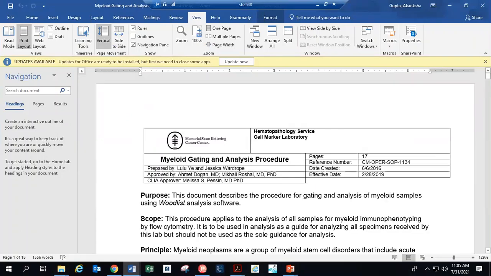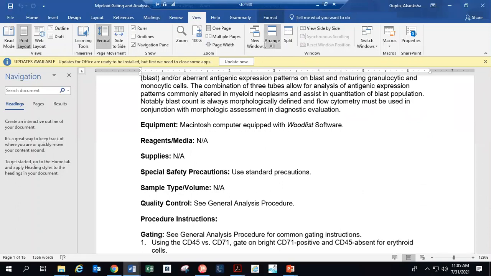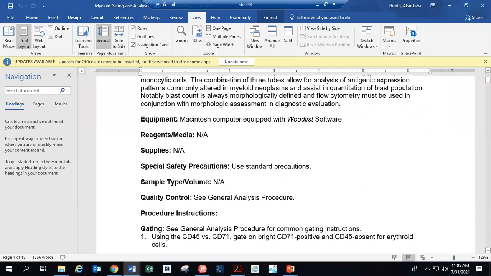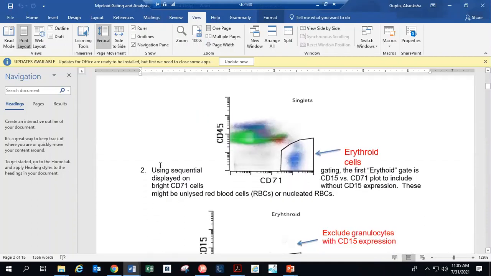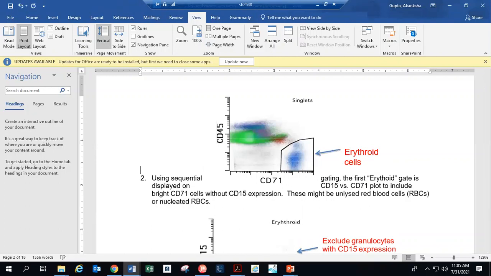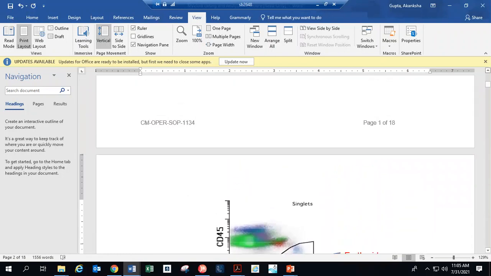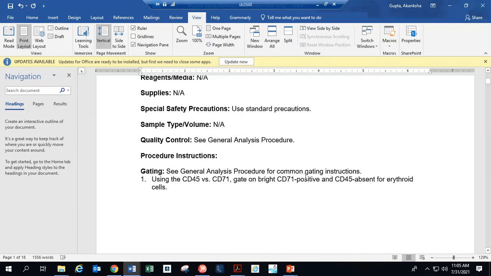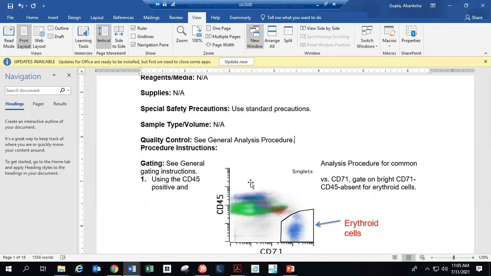These are the flow SOPs from Sloan Kettering, and this is what I'm going to discuss right now. Starting with the erythroid cells, this is number 2. Actually, let's use the Google Drive file.